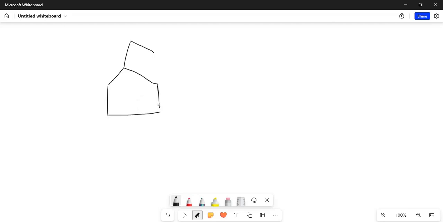Let's assume that all the edges have a length of one unit, with nodes 0, 1, 3, 4, 5 and 6.